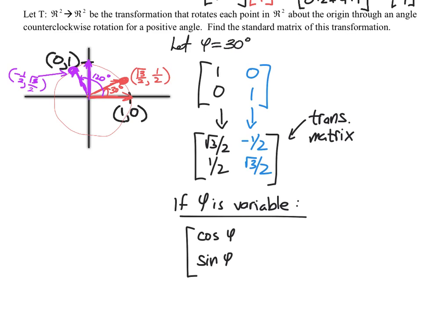Because on the unit circle, every coordinate is cosine theta comma sine theta. So this would be my angle phi. The other one would be 90 plus phi. So we'd be looking at cosine of 90 plus phi and sine of 90 plus phi.